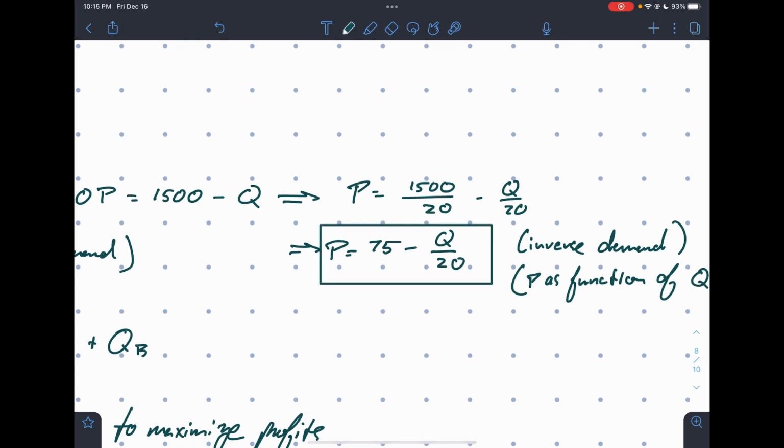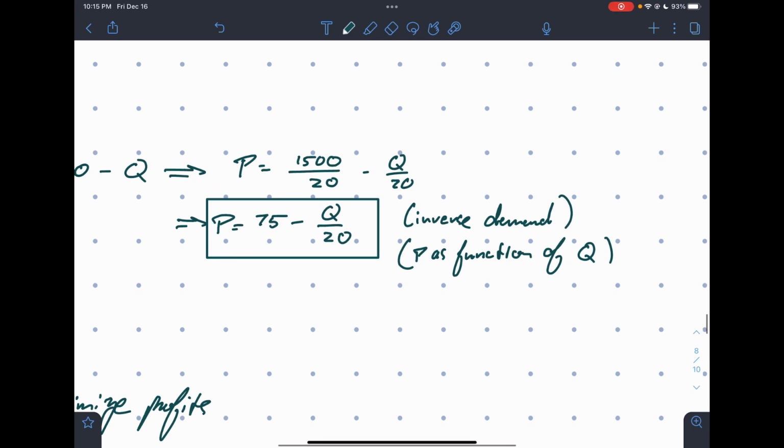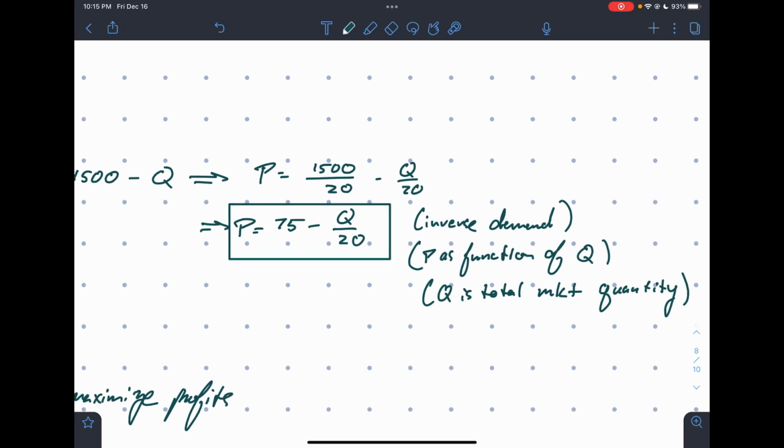What I've done is I've found P as a function of Q, where Q is total market quantity. So based on what firms produce, this tells us the price.